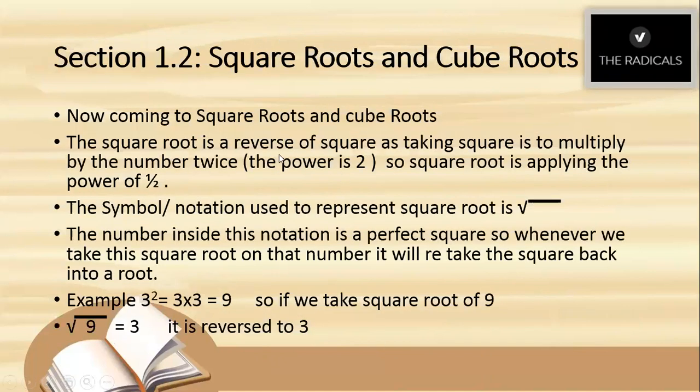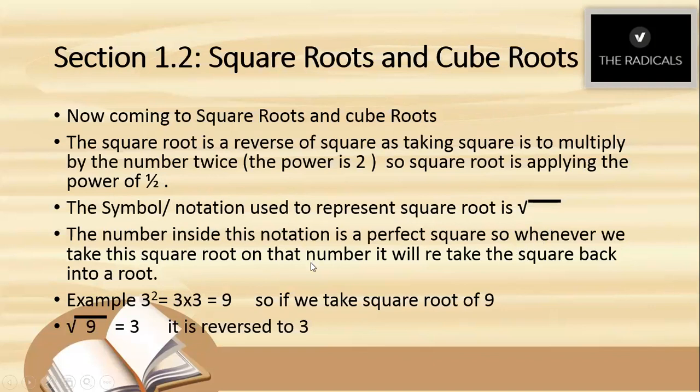Now coming to square roots and cube roots. Square root is the reverse of square, as taking the square is to multiply the number twice. The power is 2, so square root is applying the power of 1 by 2. Or in other words, we use a symbol or notation, the radical sign, to take the square root of any number.